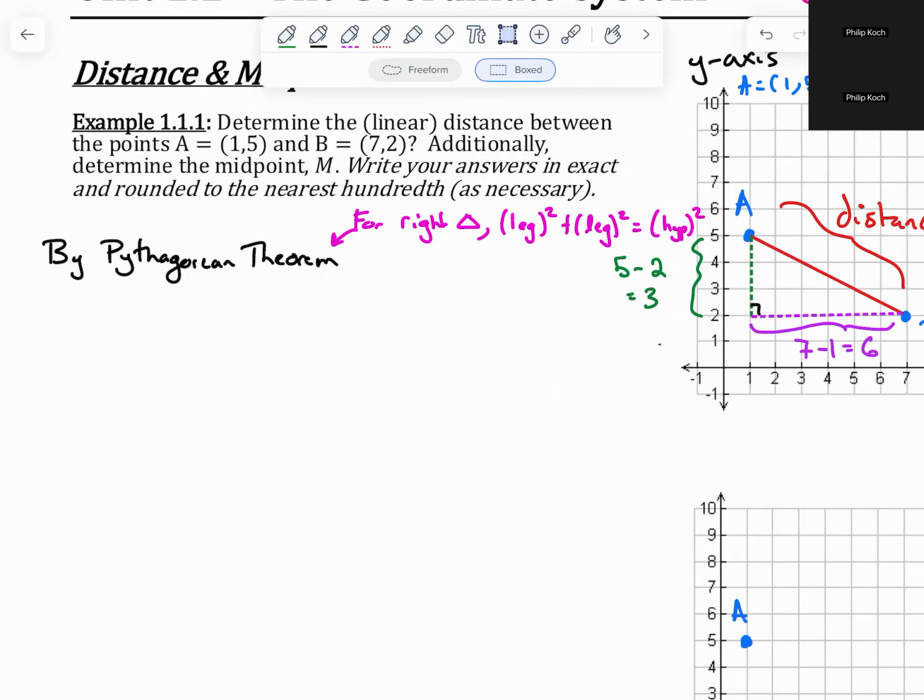You've probably seen it as a squared plus b squared equals c squared, but I want to make sure that when you use the Pythagorean theorem, it's the leg squared plus the other leg squared equals the hypotenuse squared. If you're writing it algebraically as a squared plus b squared equals c squared, you have to know that c is always the hypotenuse. The hypotenuse is the one by itself, always, in the Pythagorean theorem.